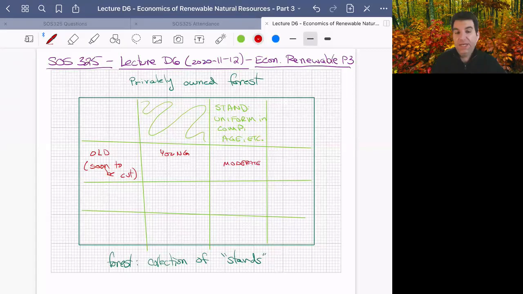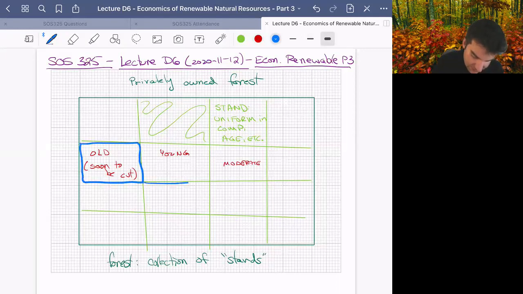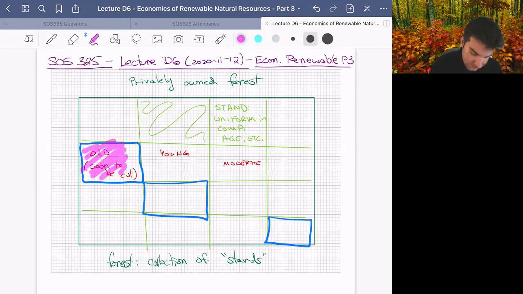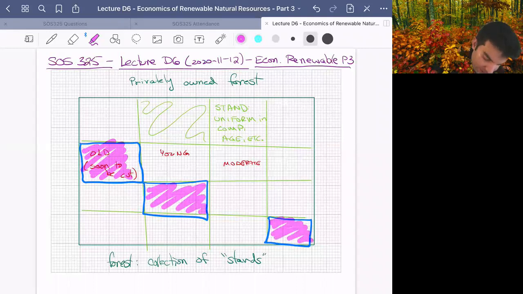And so when you decide to do a cut on a particular year, then that cut may only affect a fraction of these stands at a time. And so we cut a fraction at a time.